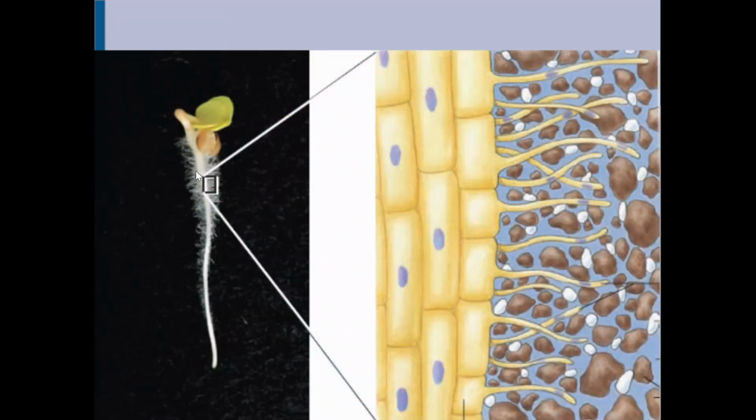Root hairs live a short life and are formed from the epidermal cells. Each root hair is typically 1 centimeter, and there are plenty of them.